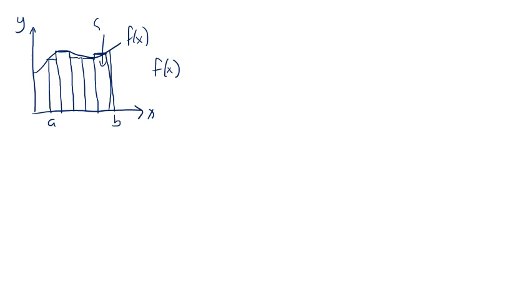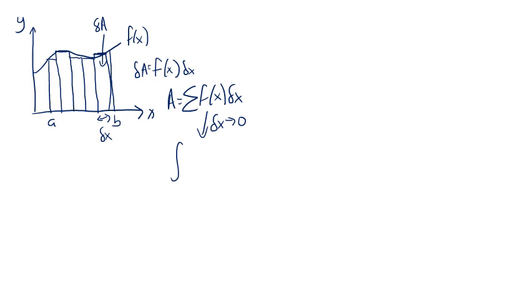Let's call one of these areas delta A. So it's just the value of the function multiplied by some change in x, delta x. So the total area is just found by summing those together. And if we make delta x small enough, then we replace the summation sign, the sigma, by an integral. So we integrate from a to b the function, and delta x becomes a dx.